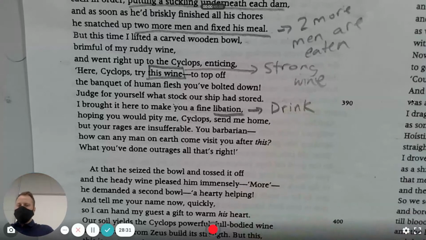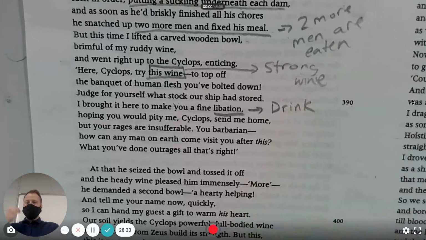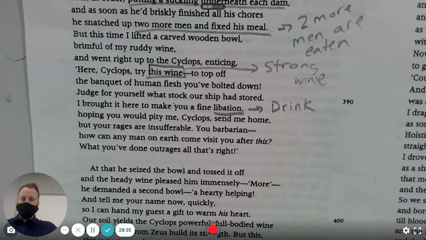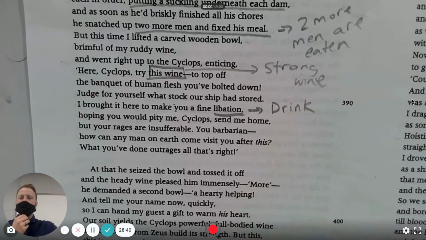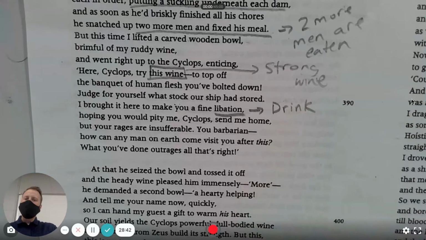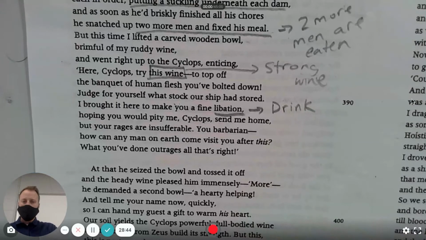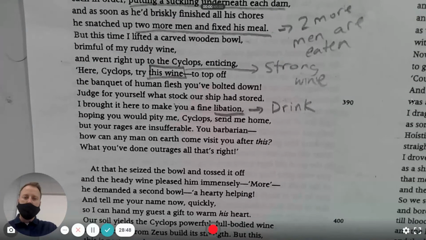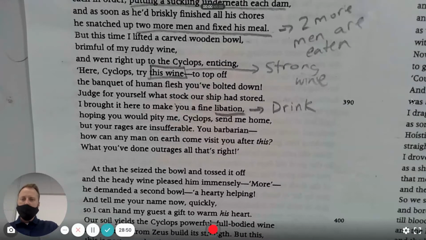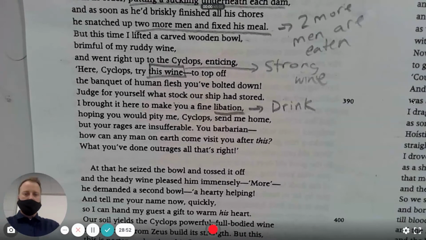So you can see that this is obviously Odysseus trying to get him to drink this drink, hoping you would pity me, Cyclops. Send me home, but your rages are insufferable. You barbarian, how can any man on earth come visit you after this? What you've done outrages all that is right.